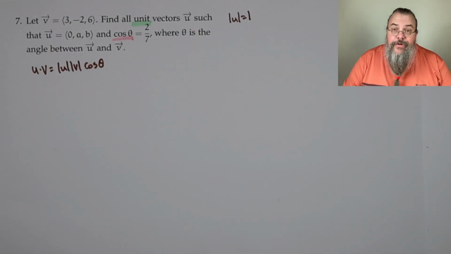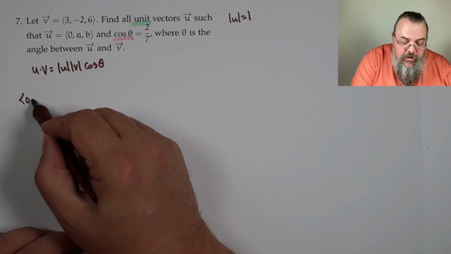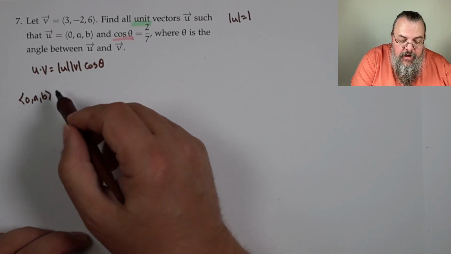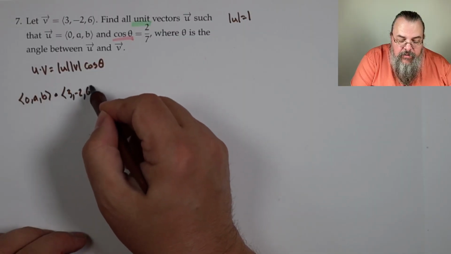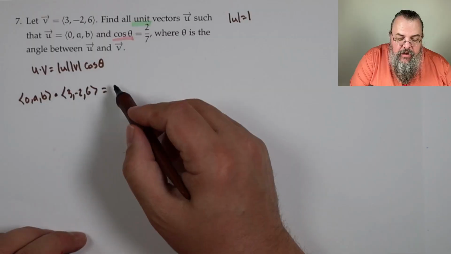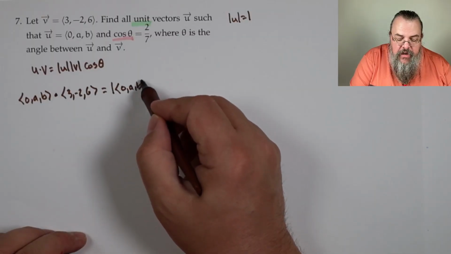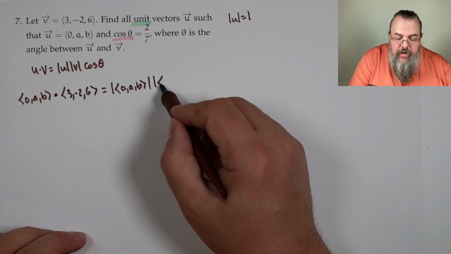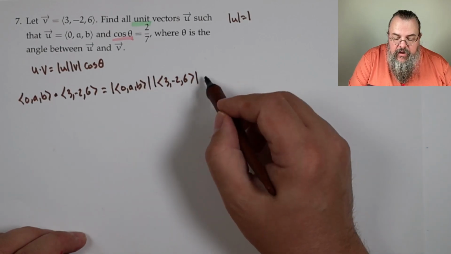All right, so we have u dot v. We're going to take our 0, a, b dot 3, -2, 6. And that's going to be the magnitude of u, magnitude of 0, a, b, times the magnitude of v, 3, -2, 6, and the cosine of theta.